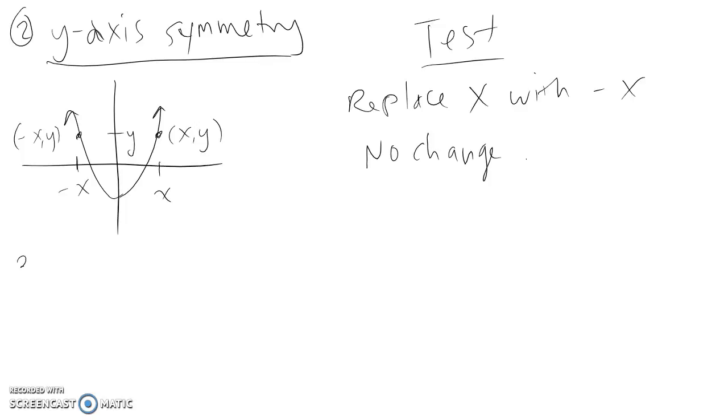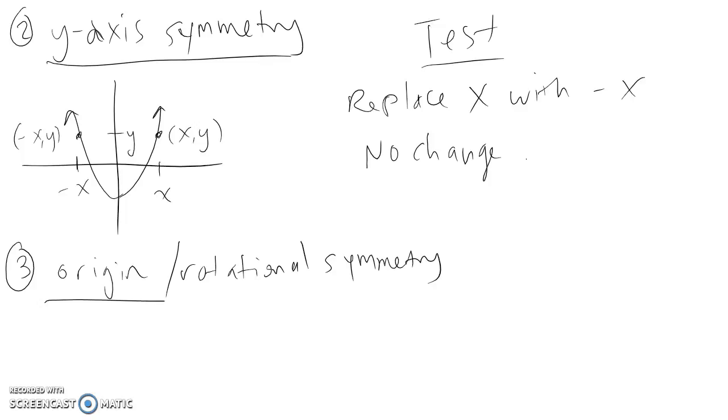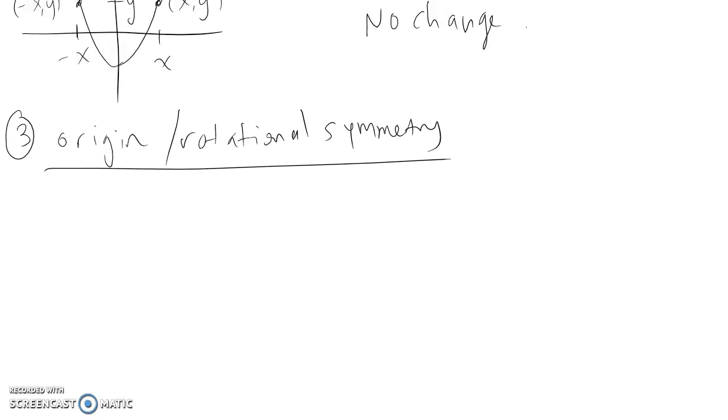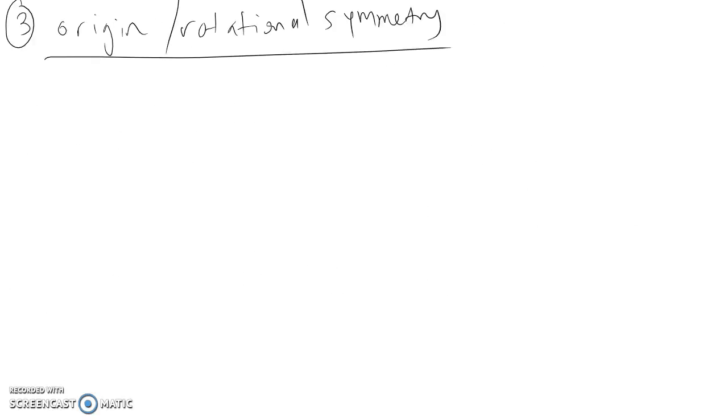The third type of symmetry is origin symmetry, or symmetry with respect to the origin. And sometimes this is referred to as rotational symmetry. Let's draw a graph that has rotational symmetry.